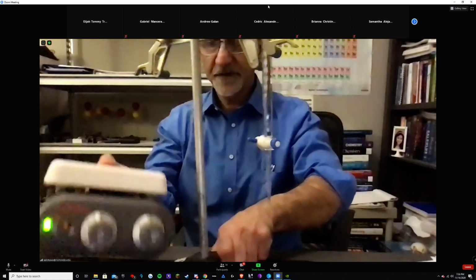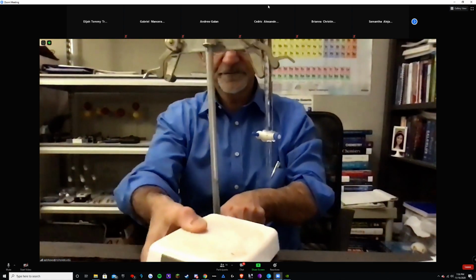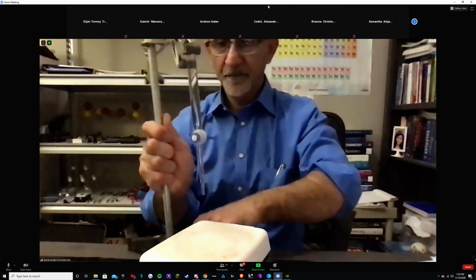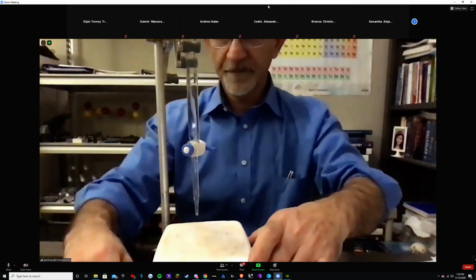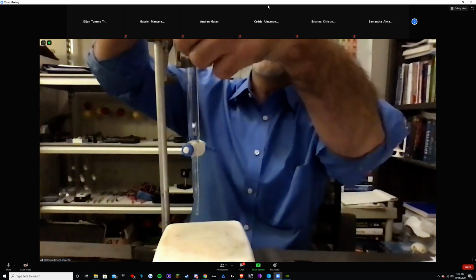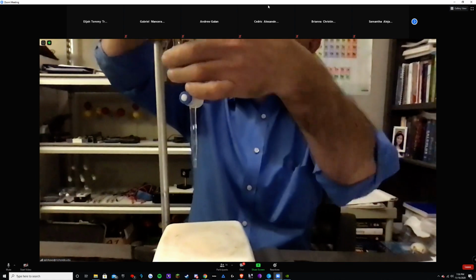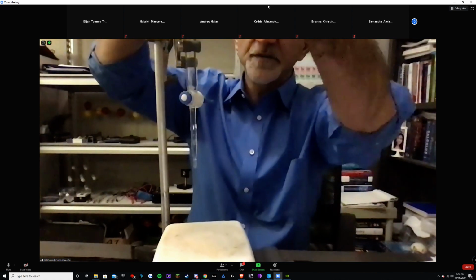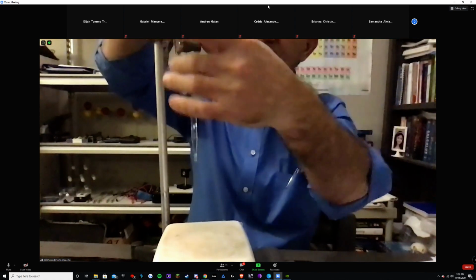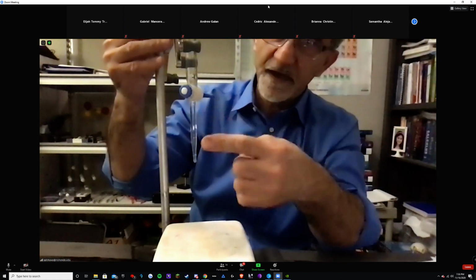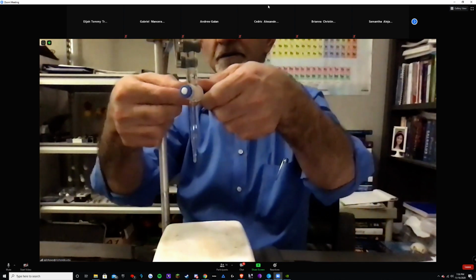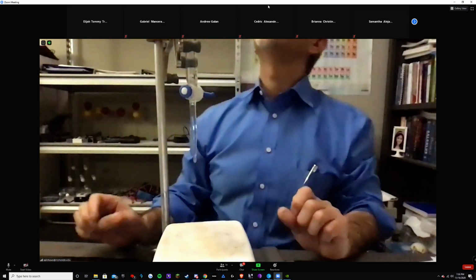All right, so this end is ready. The burette is ready with my solution of sodium oxide. And I took care of all the air trapped inside that nozzle. And the valve is closed, ready to go.